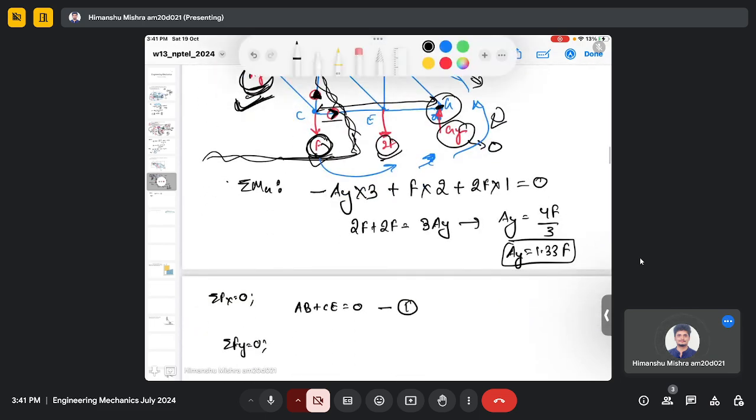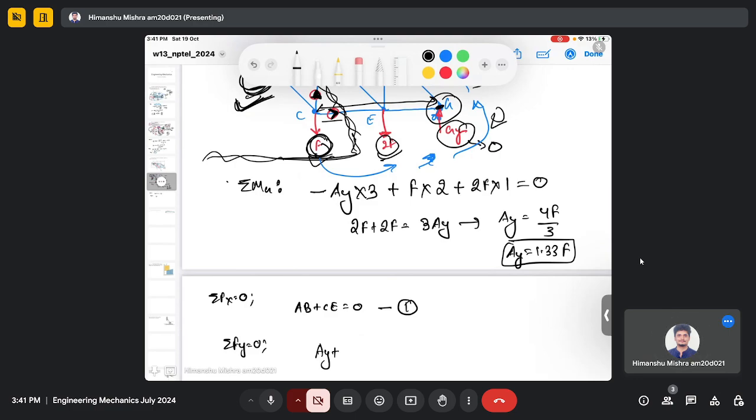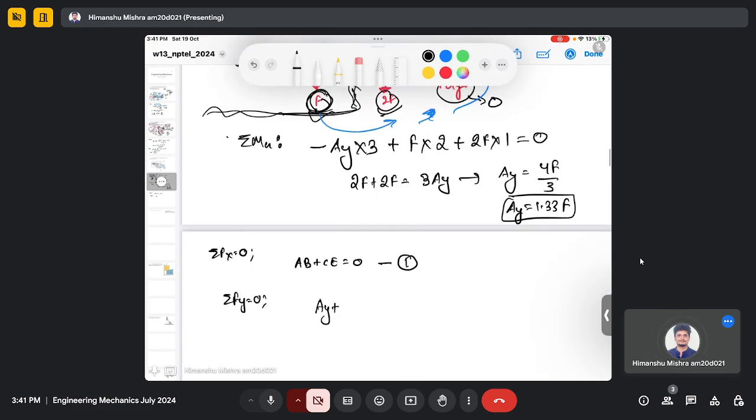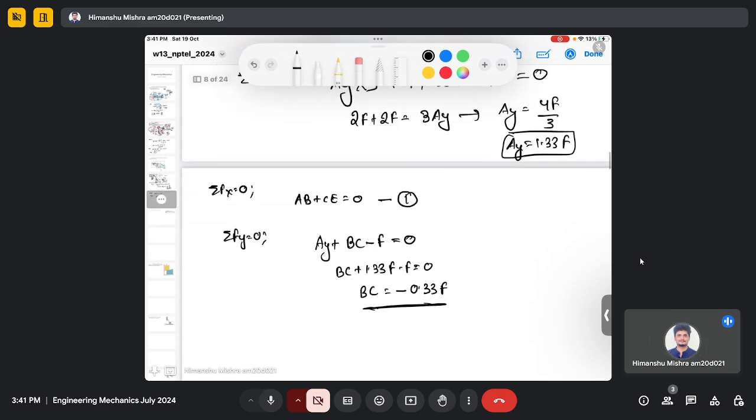So we have Ay plus BC minus F equal to 0. So my Ay is 1.33 F. So my BC will be 0.33 F. This is the force in the member BC, which is 0.33 F.